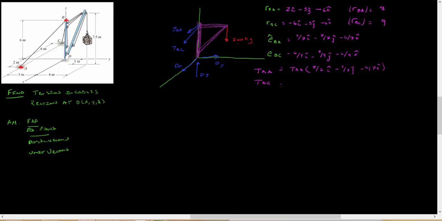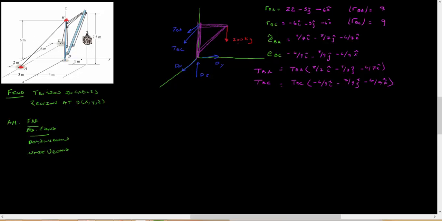And then I have TBC, which would be negative 6 over 9 i minus 3 over 9 j minus 6 over 9 k. Alright. So now that we have these, we can use our equilibrium equations to solve for everything that we're looking at.